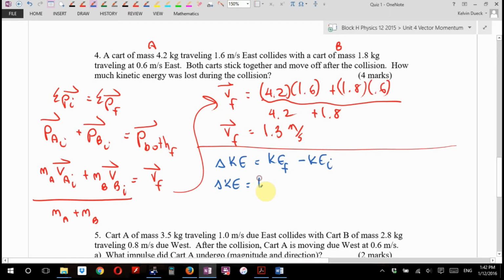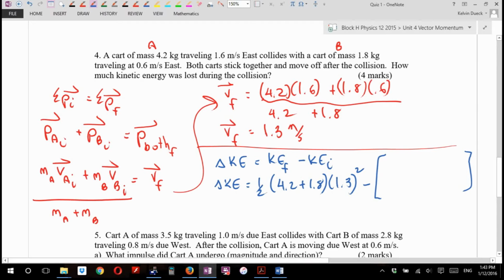It's going to be a half times 4.2 plus 1.8, the mass of both, because that's what's moving in the final, times 1.3 squared. Take away, how many things are moving at the beginning? 2.